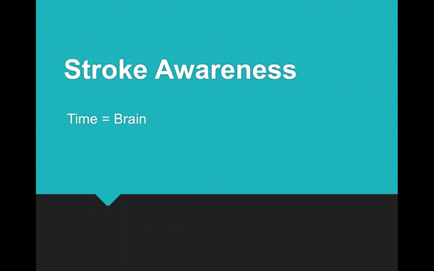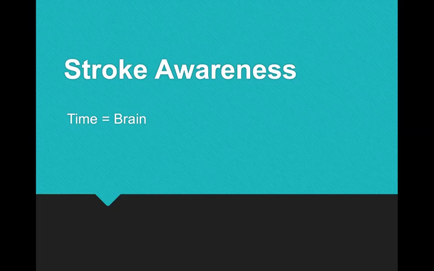The really important thing, and I can't stress this enough with a stroke, is that time is so important. The more time the brain goes without being able to have blood flow or oxygen getting to it, the more damage that is done. So, being aware of strokes and having it as one of our first rule outs whenever we are in a situation where there's cognition issues is really good for us.